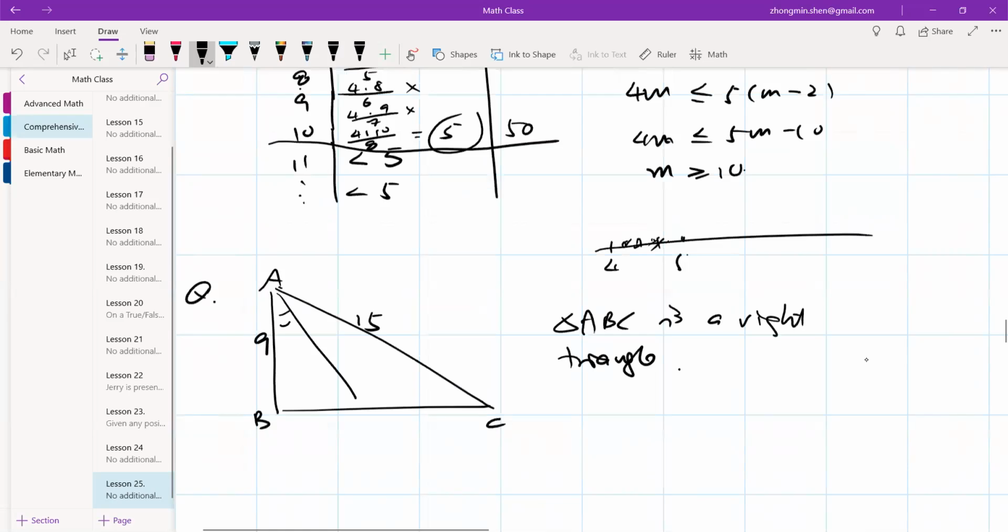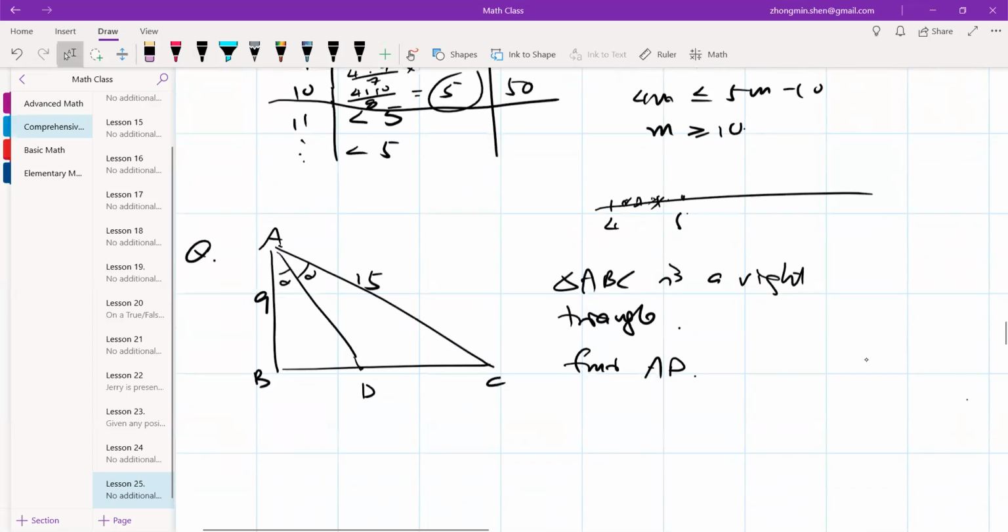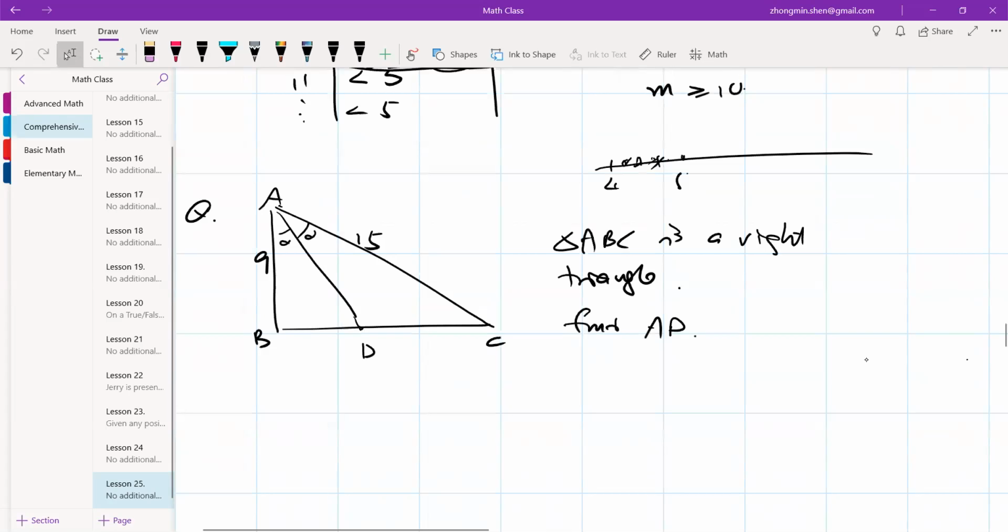And the line bisects this angle, and the point is D. Can we find the length AD? Please try this problem. This is a difficult problem if you haven't seen it before. You have to use the two angles being equal.